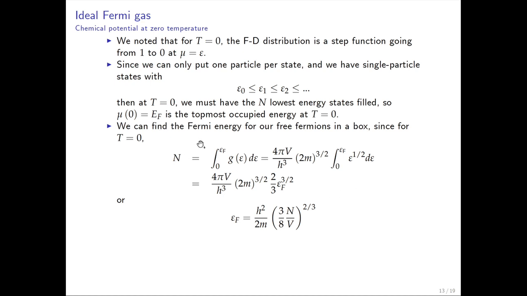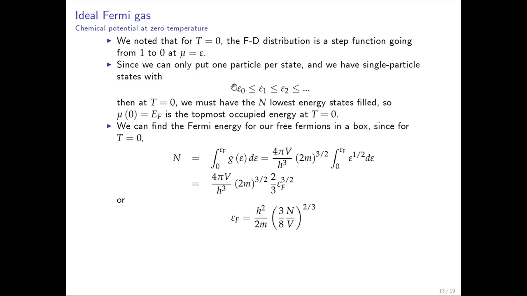Apologies, I should have used epsilon here, like I did here. And usually I'll refer in this course to the Fermi energy as little epsilon sub f. So it's very easy to find the Fermi energy for our fermions in a box. Since at t equals 0, we just have to integrate 0 to the Fermi energy, right?